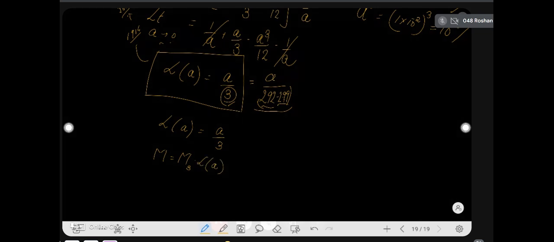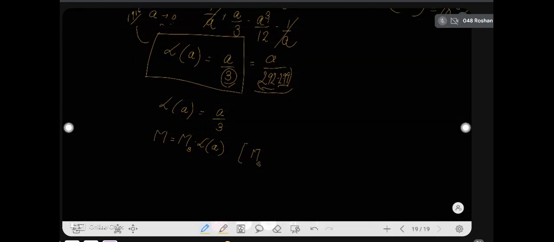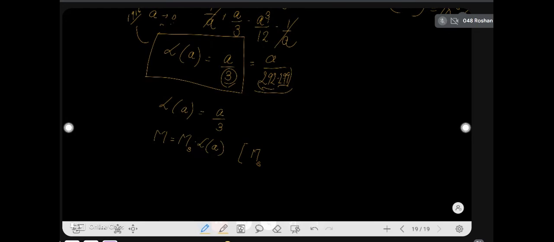We multiply it with a small n, the number of atoms per unit volume. Where Ms is the saturation magnetization. Just recall, this was said to be the maximum magnetization, the magnetization at the saturation state.